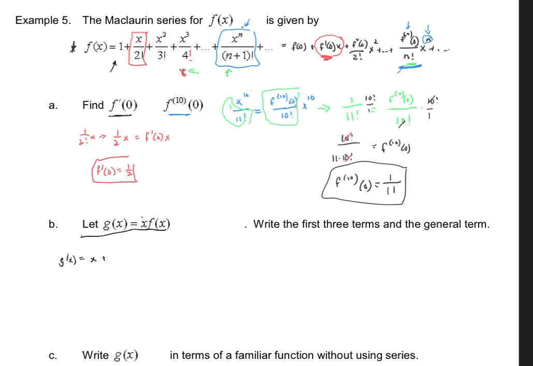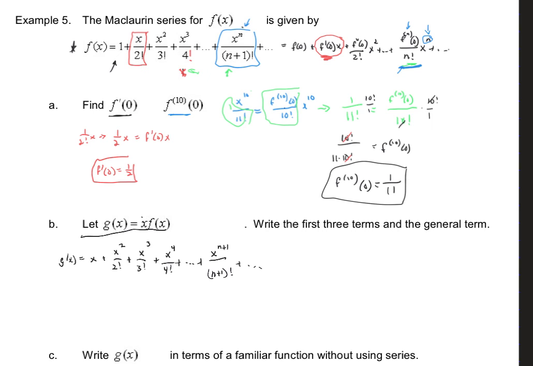Then that's going to become x squared over 2 factorial plus x cubed over 3 factorial. That'll be x to the 4th over 4 factorial. When we go out to that nth term, that's going to become x to the n plus 1 over n plus 1 factorial, and on and on and on.